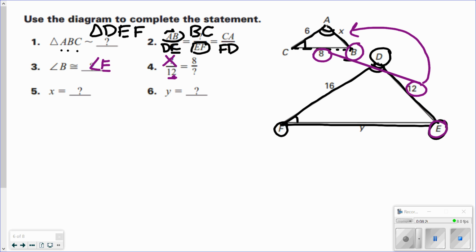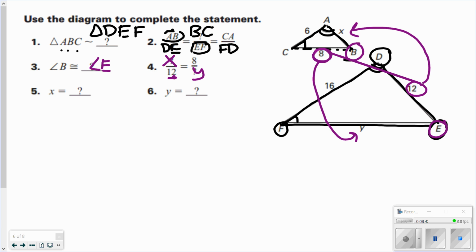So 8 is in the lower part of this triangle. What does it correspond to with the large triangle? I see it corresponds with Y. So the answer is X over 12 is equal to 8 over Y.